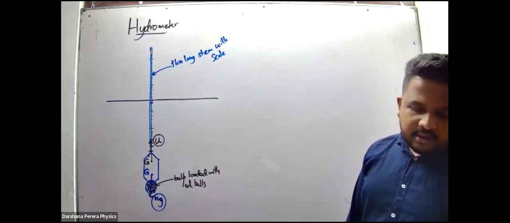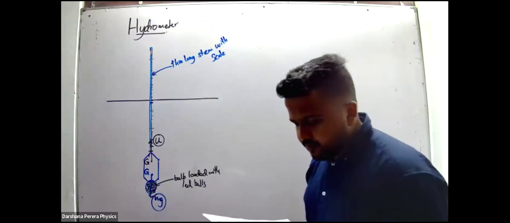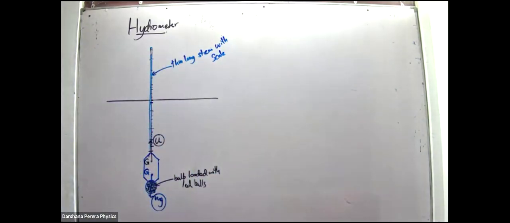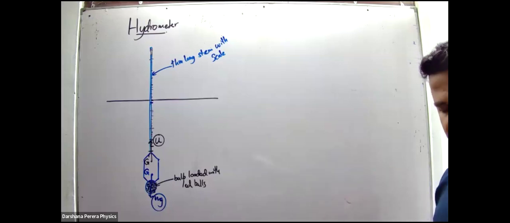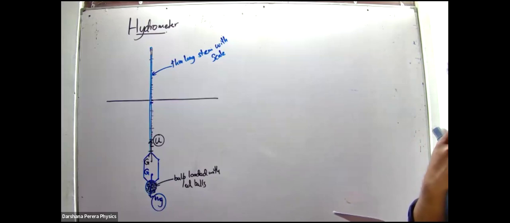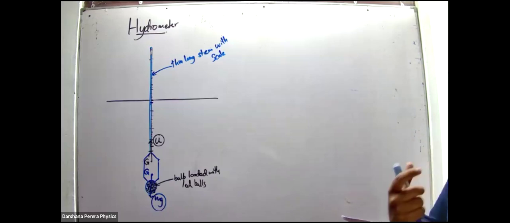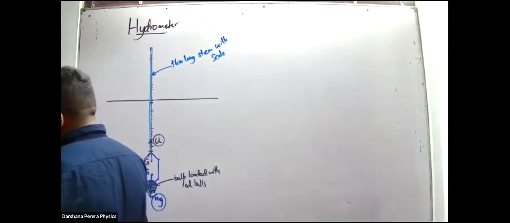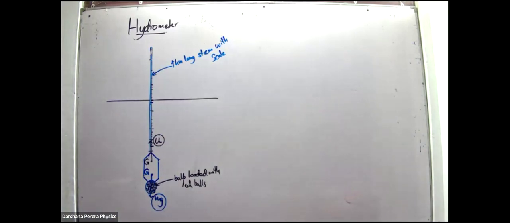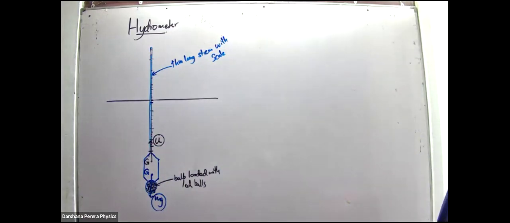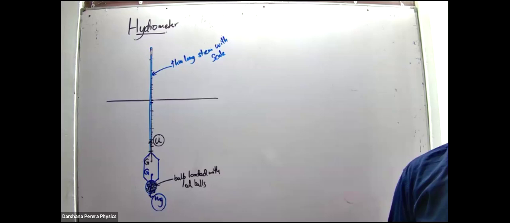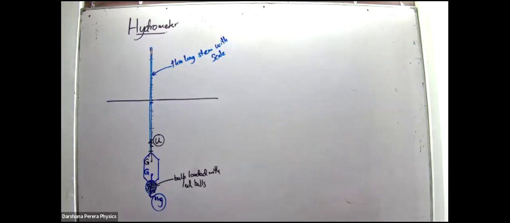The gap is higher. So write down: the gap between the consecutive markings of the hydrometer is not linear because there is no linear relationship between the height of the immersed portion of the hydrometer and the density.